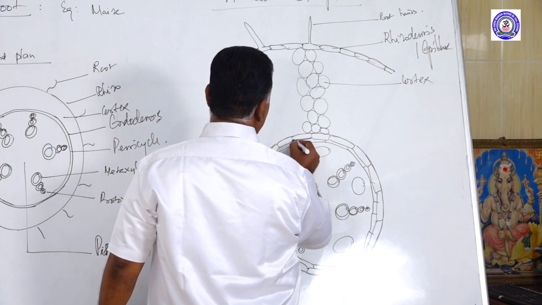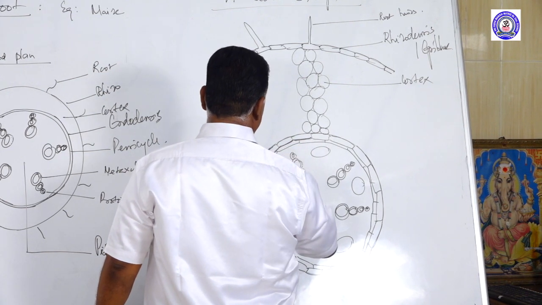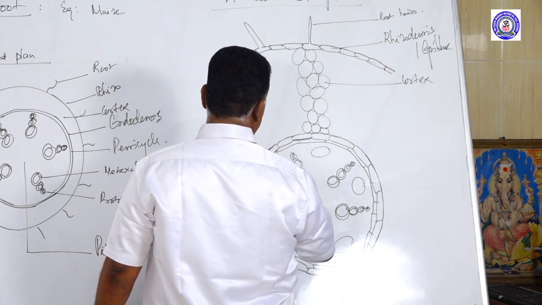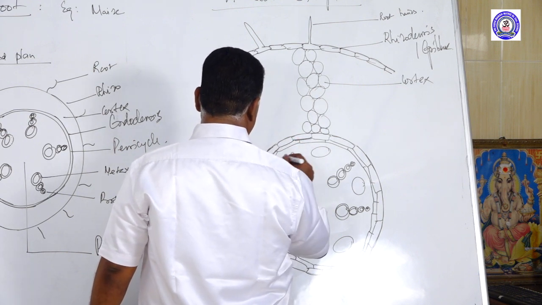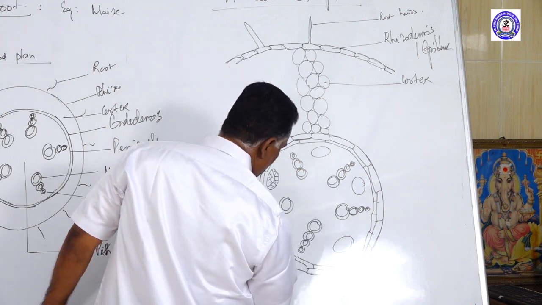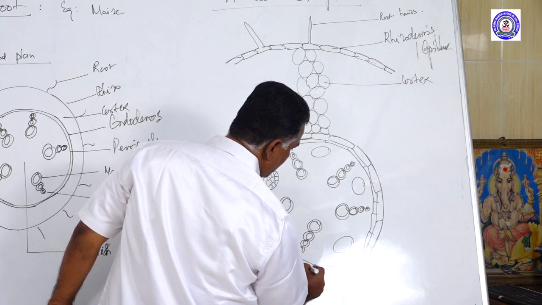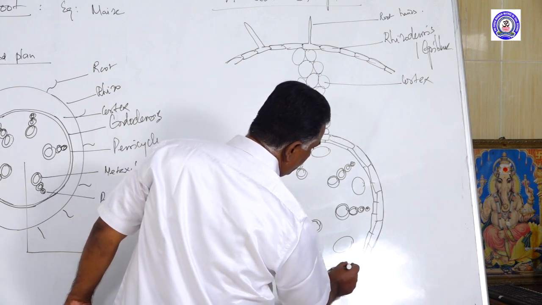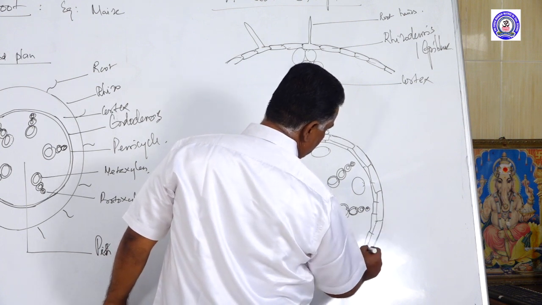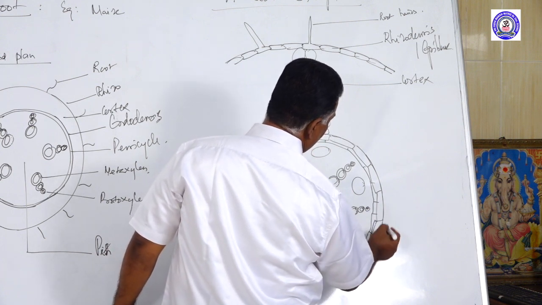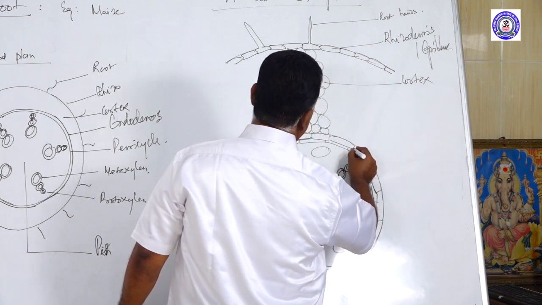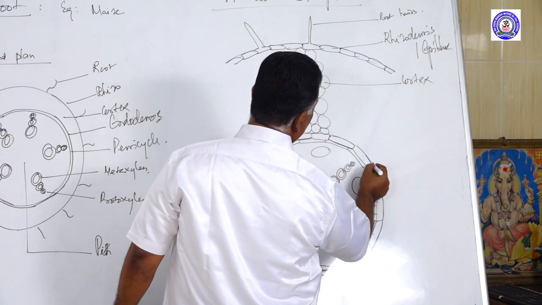As I said, the radial and transverse walls of endodermis are thickened, and they are made up of suberin.